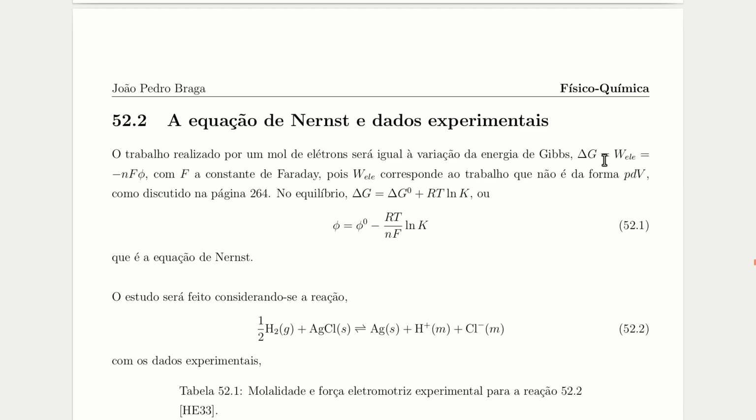If you use the fact that the variation of Gibbs energy at equilibrium is equal to the extra work, non-PDV work, which is in this case electrical work, and it is equal to minus number of moles, Faraday constant, and the cell potential.